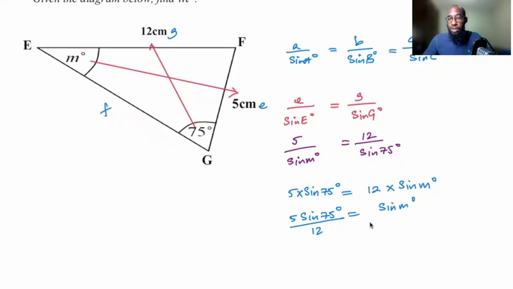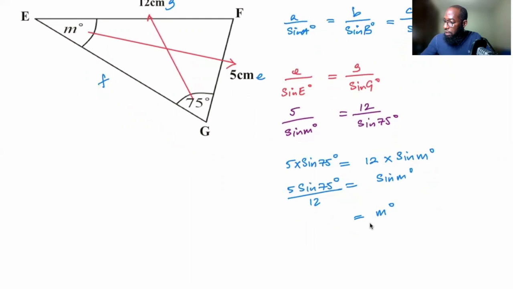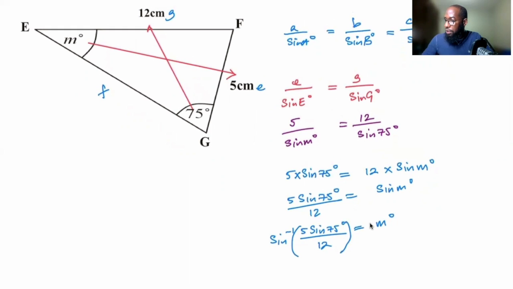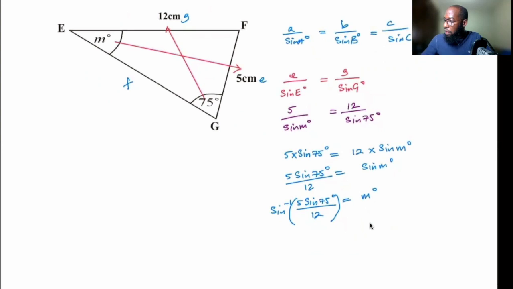So m degrees is equal to sine inverse of 5 sine 75 degrees divided by 12, close brackets. That's what m degrees is equal to.